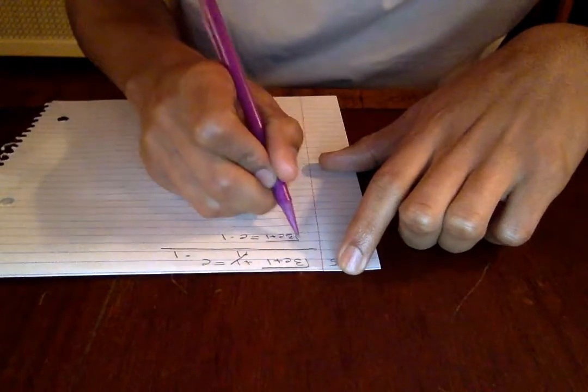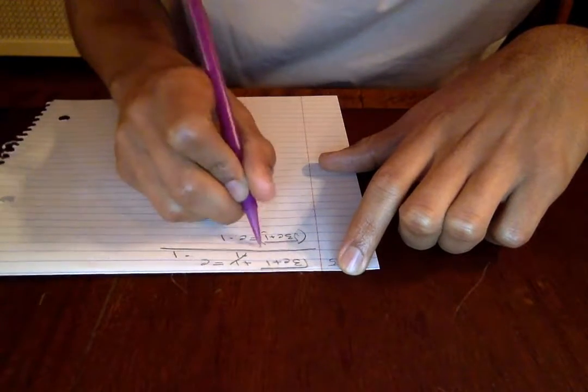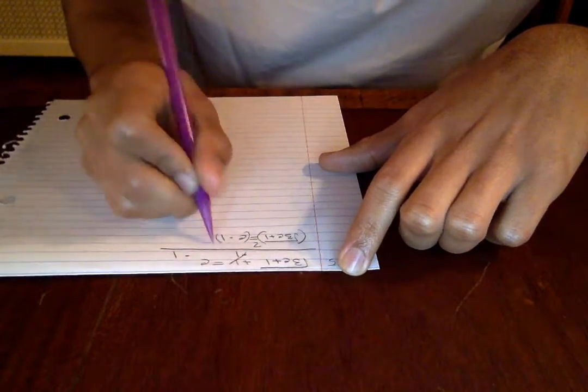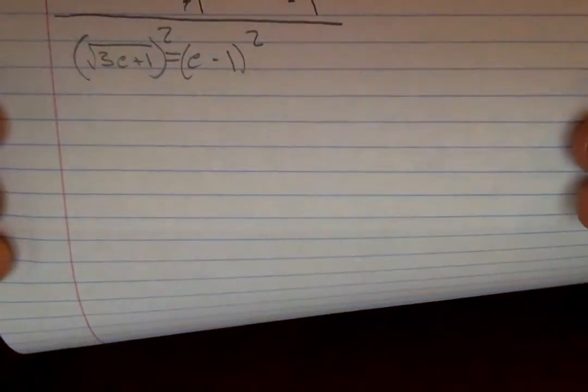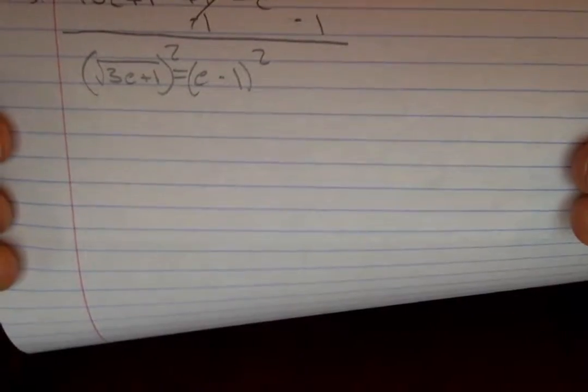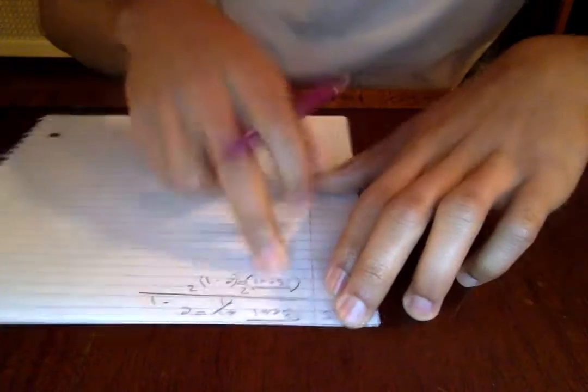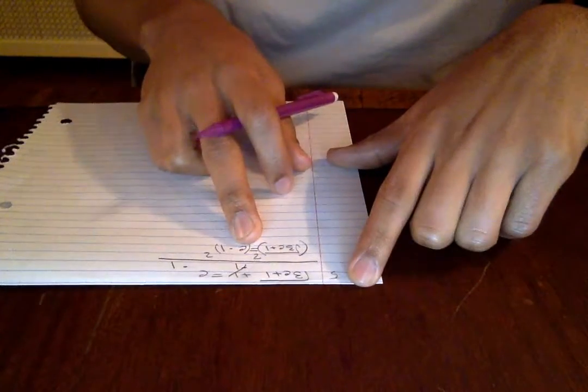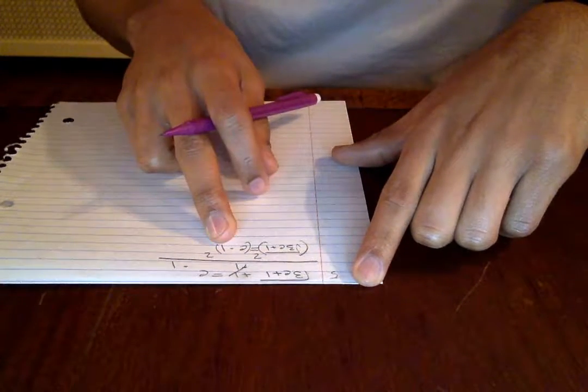So what you need to do to get the square root out is square both sides, just like this. What you do to one side, you must do to the other. By doing that, it gets rid of the square root.